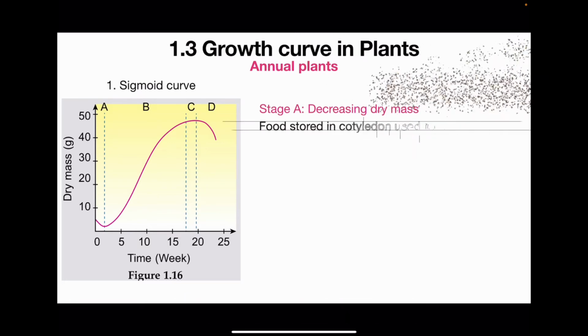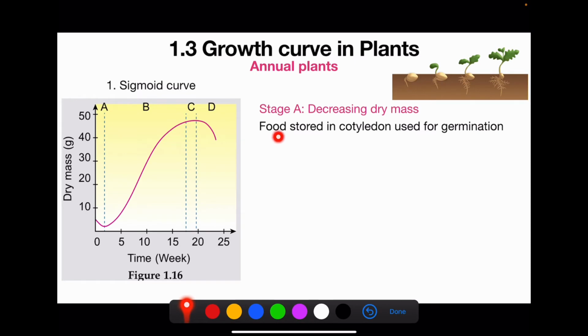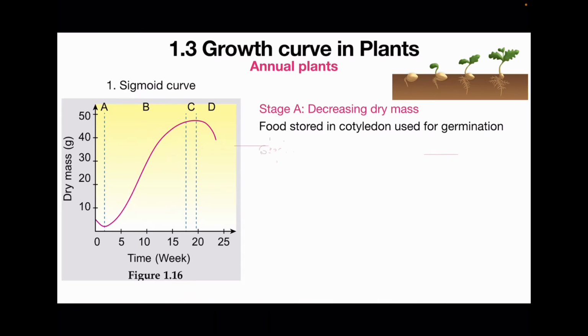Why is the mass decreasing? This is because when we germinate the seeds, the seeds will use the food stored in the cotyledon for germination. So that's why in the graph the dry mass of this plant is decreasing, and then at some point the dry mass will increase. Why does this happen?